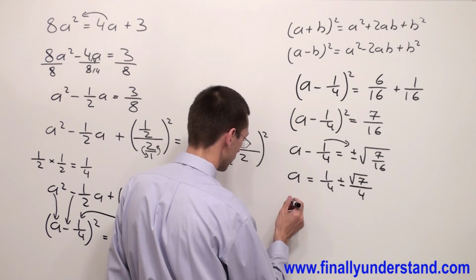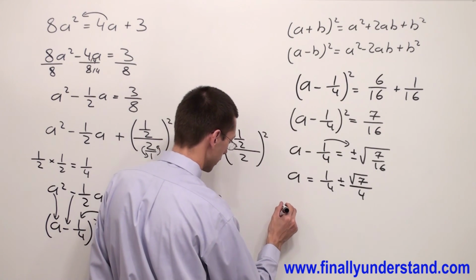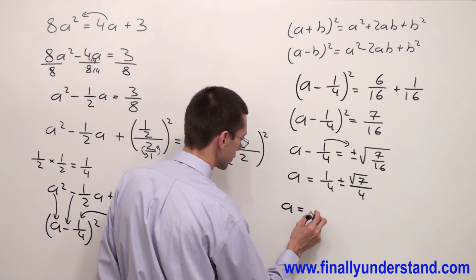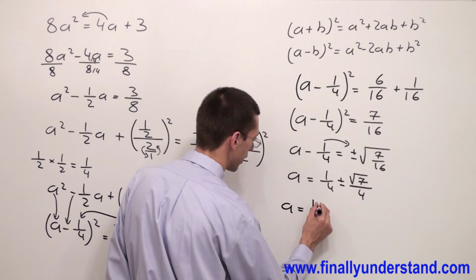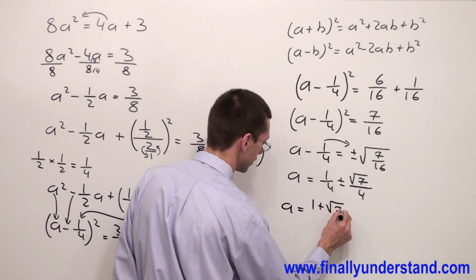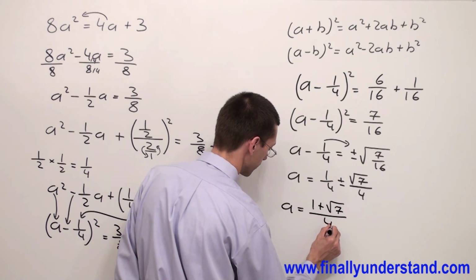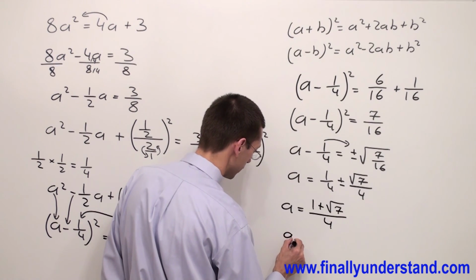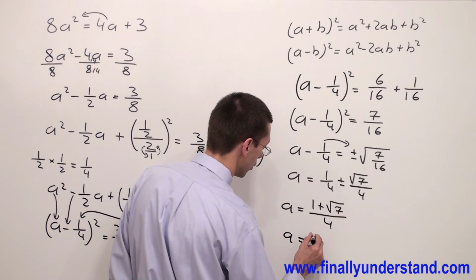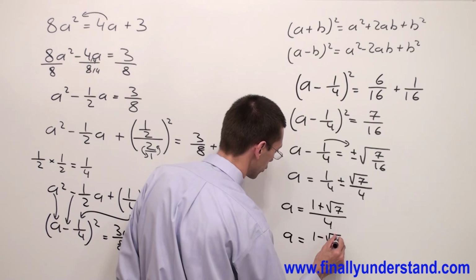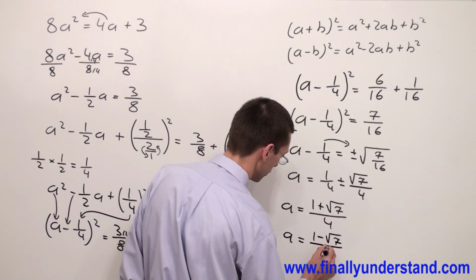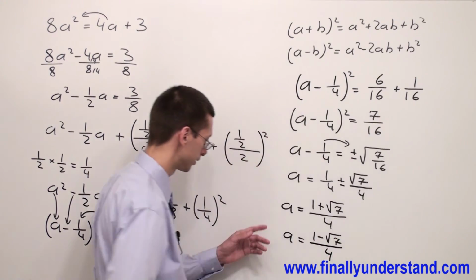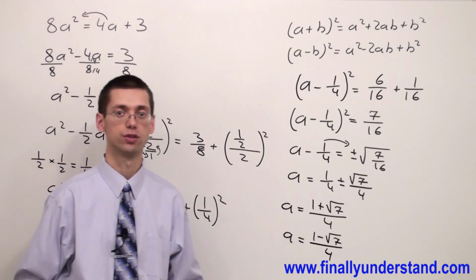I can rewrite my answers: a equals 1 plus square root of 7 over 4, or a equals 1 minus square root of 7 over 4. And these are the solutions to my problem.